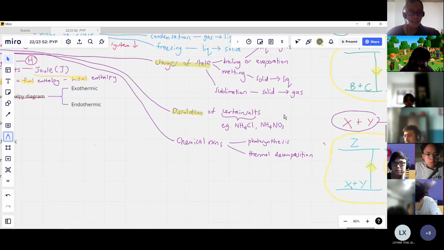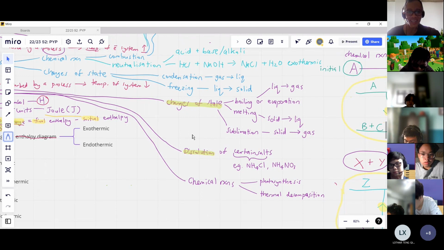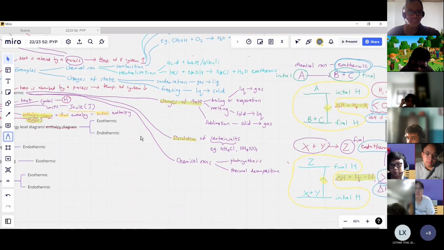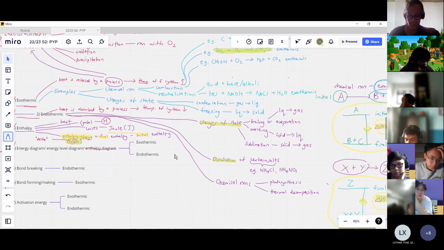Oh, by the way, what's the opposite of photosynthesis? Anybody can remember? Respiration. Excellent. So guys, can you just jot this down? For exothermic, I didn't add this in just now. Maybe you can add it in now.